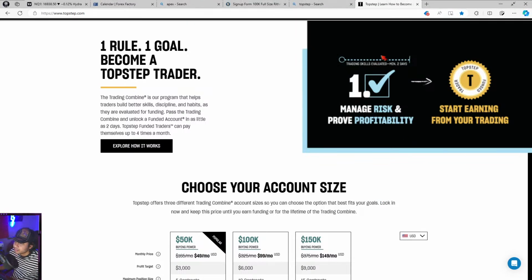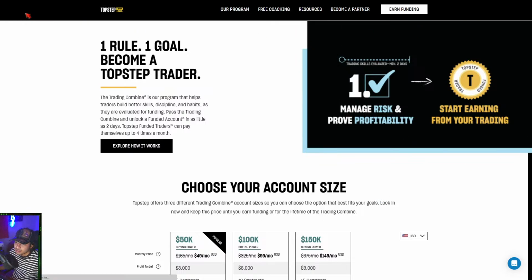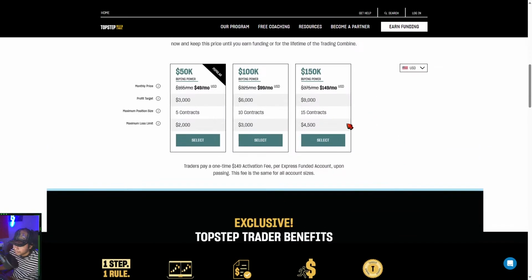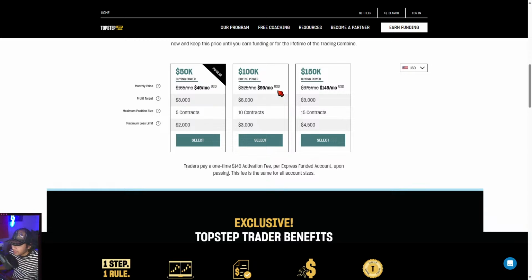What happened? Why did my computer freeze? Okay, because of this. So see that it's cheaper than Apex. And what Apex is charging you, it comes with the balance of a 150k account.